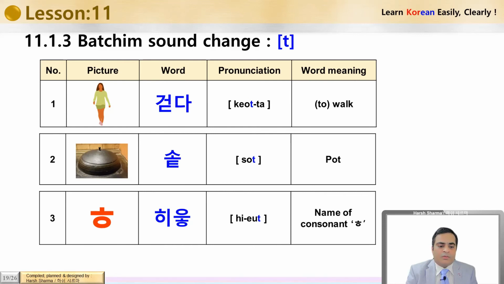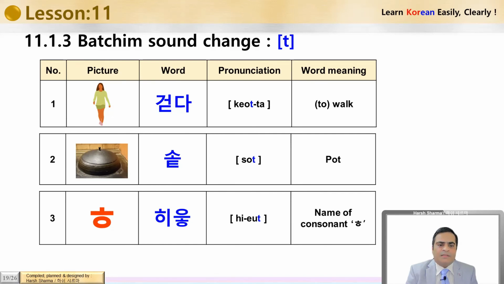See number 2. If you don't know the rule, see the word and immediately check which Batchim is there. Batchim is tha. But now it is at the Batchim position. How will you pronounce it? Sot. This tha will be pronounced as ta. Sot meaning is outside, European.